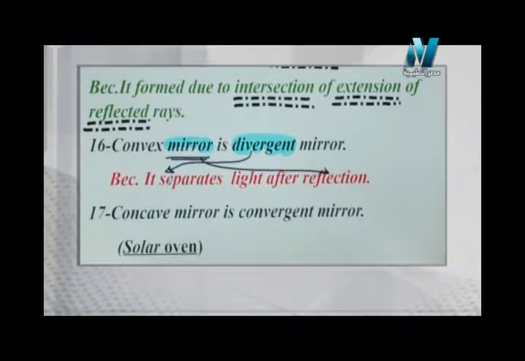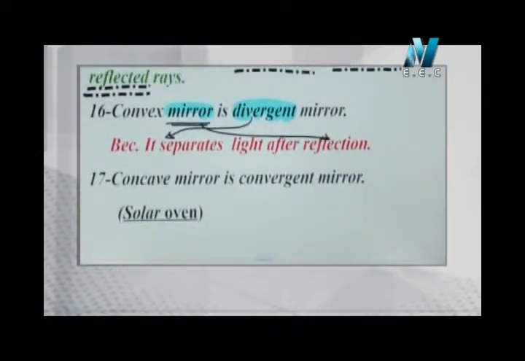Okay, we have another question here. Concave mirror is convergent mirror, as in a solar oven. We use a concave mirror here, and the solar cells change solar energy, as we studied before in fourth primary. A solar oven changes the solar energy into electric energy or into heat energy.